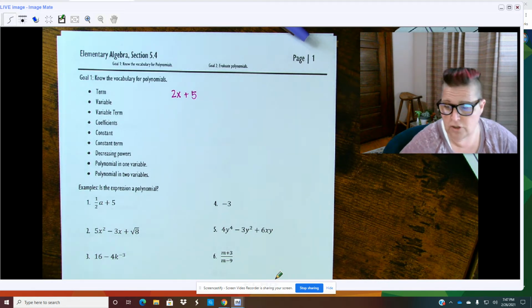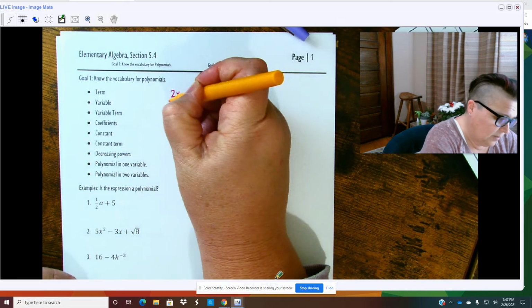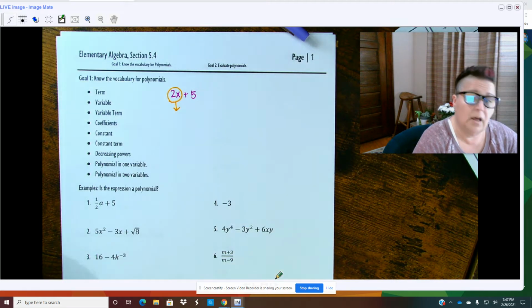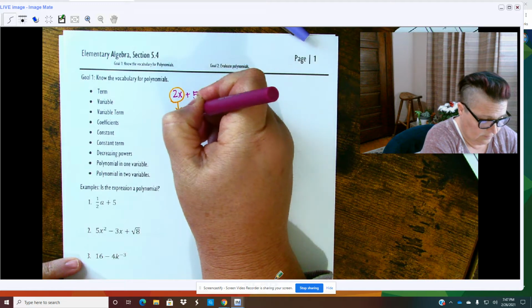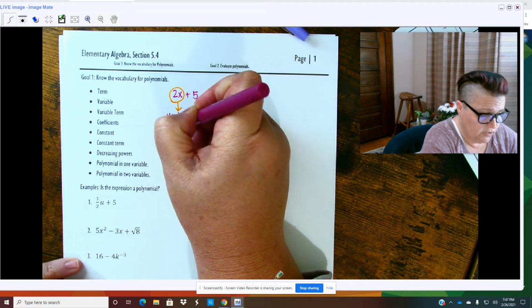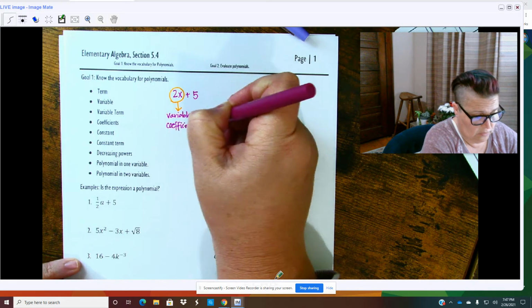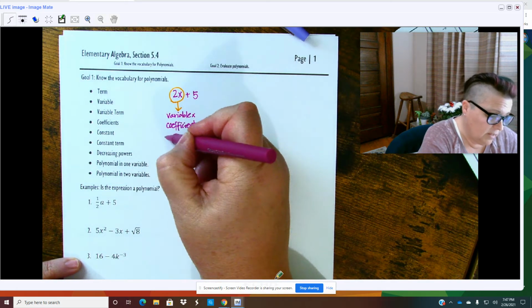Our first term is the 2x. The 2x contains a variable of x, a coefficient of 2, and is known as a variable term.